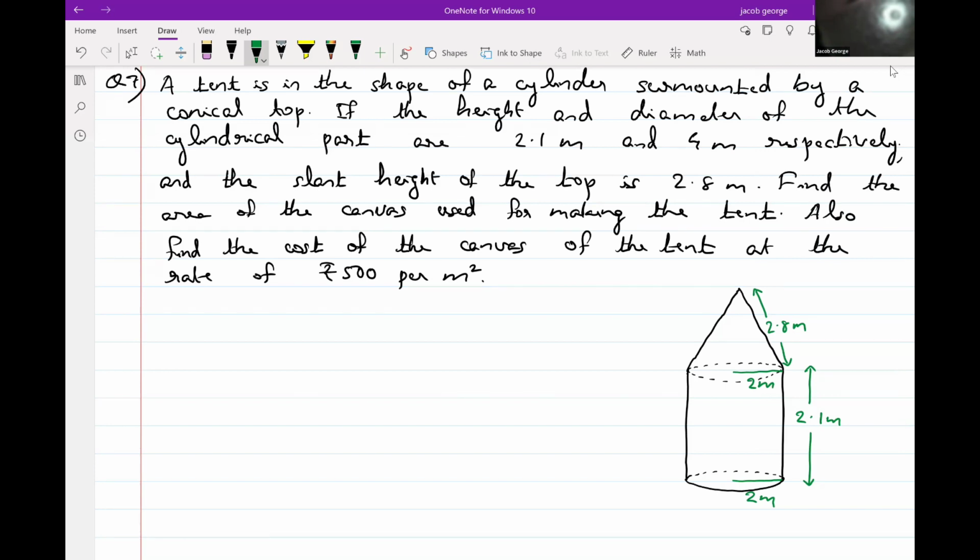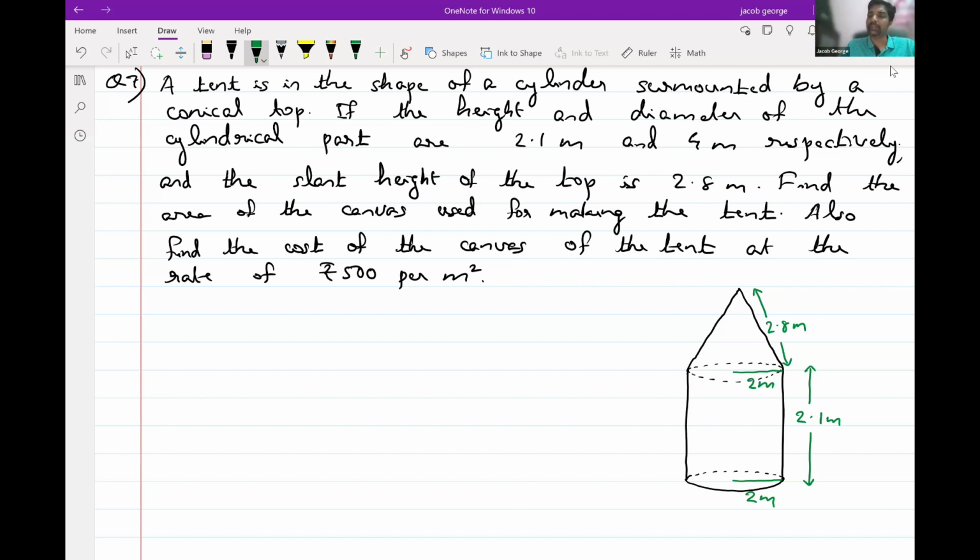Now we have to find the area. It is a tent. Tent means this surface; at the dotted part, the separation between the cone and the cylinder part is open. So the area of the tent means the cloth on the side.